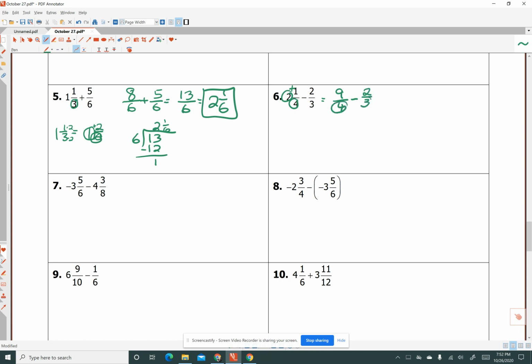Now we need to get a common denominator, which when we have a 4 and a 3, will be 12. 4 times 3 is 12, so 9 times 3 is 27. 3 times 4 is 12, so 2 times 4 is 8. So we've got 27/12 minus 8/12 equals 19/12, which is 1 whole and 7/12 left over.